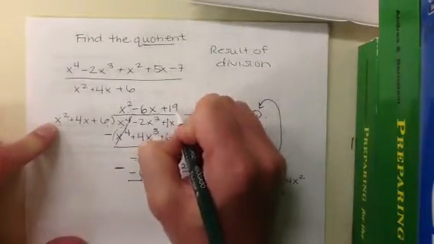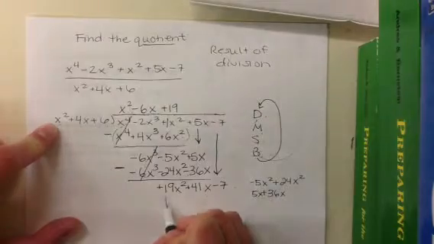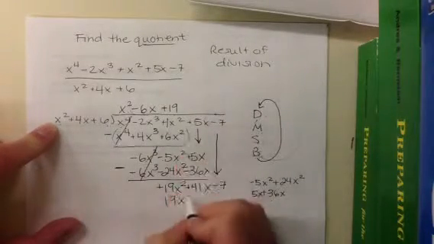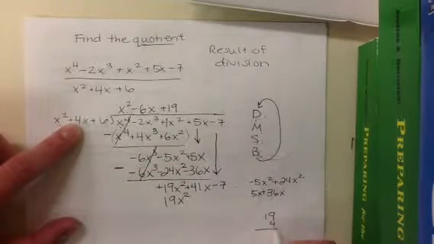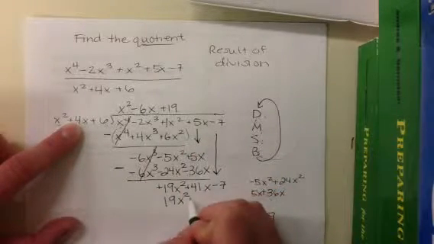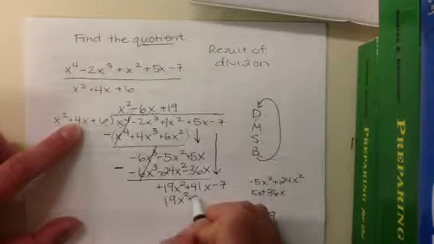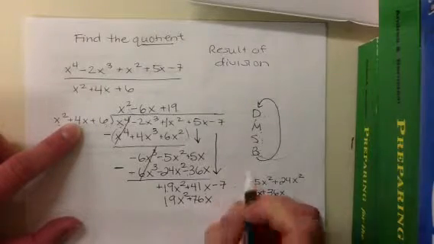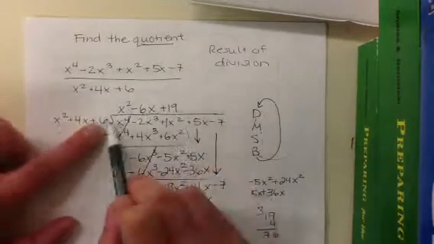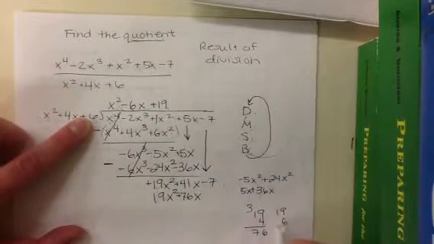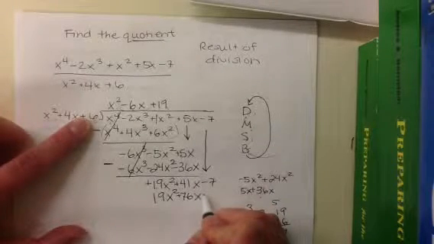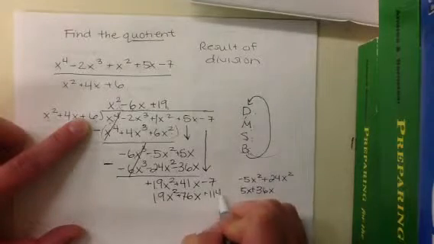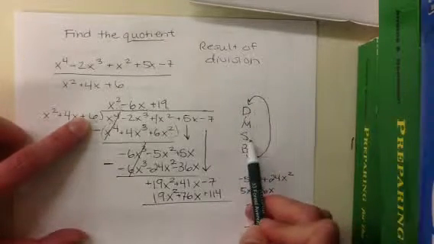It goes in 19 times. 19 times x squared is 19x squared. 19 times 4 is 76, so it'll be 76x, and then 19 times 6 is 114. Now I'm done with multiplying.